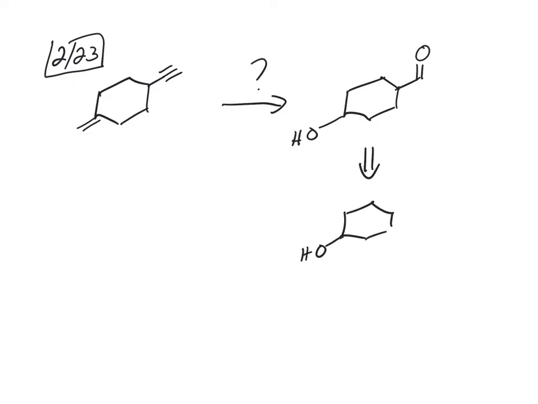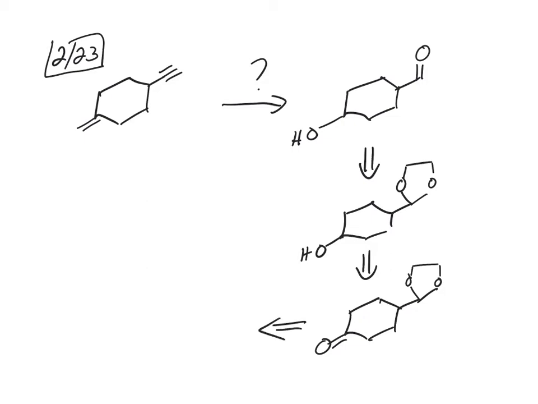I must have had that mask on to protect that aldehyde. And then one step more back would be this with the mask on. And if we go back one more step, it would be the part where we put the mask on in the first place.